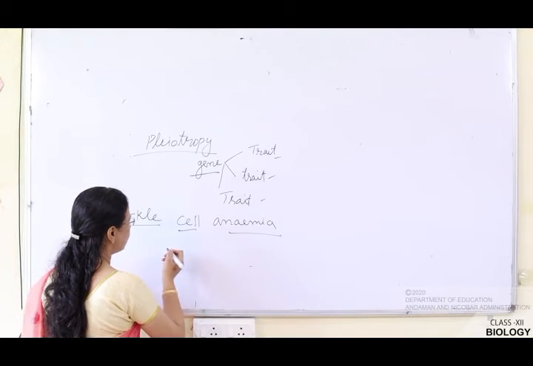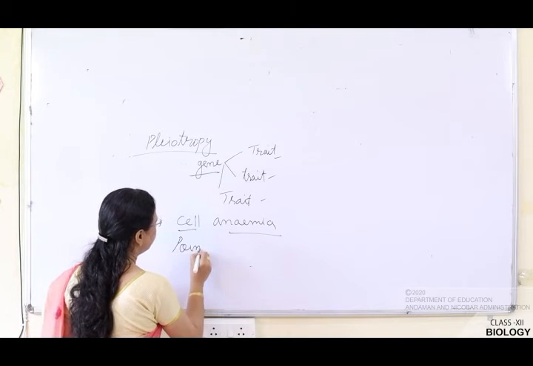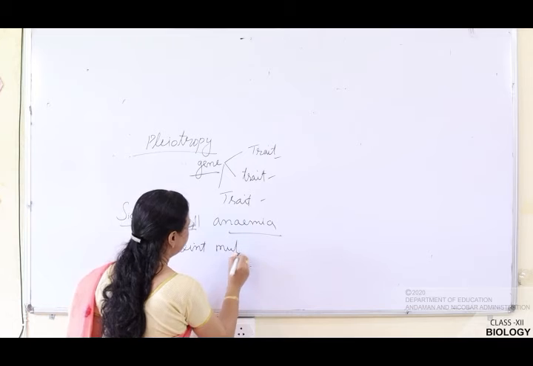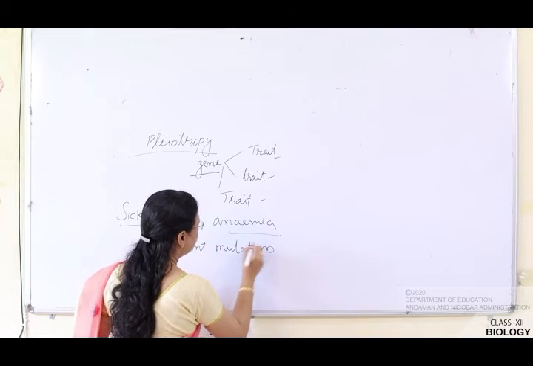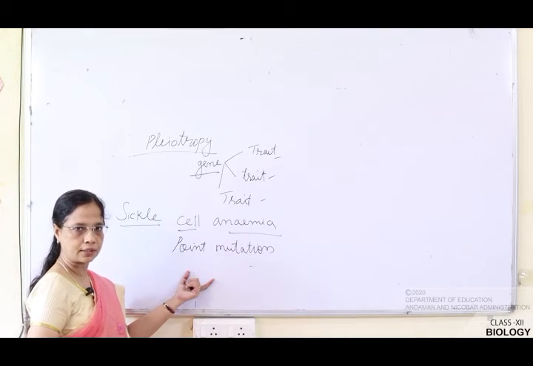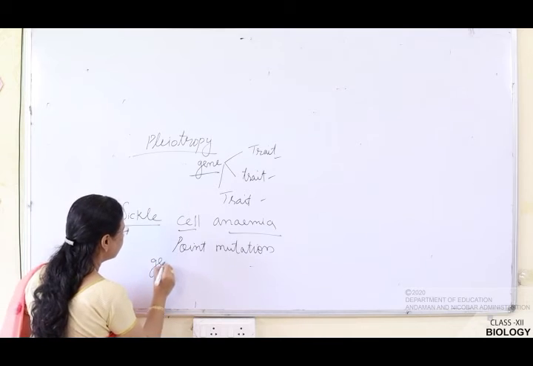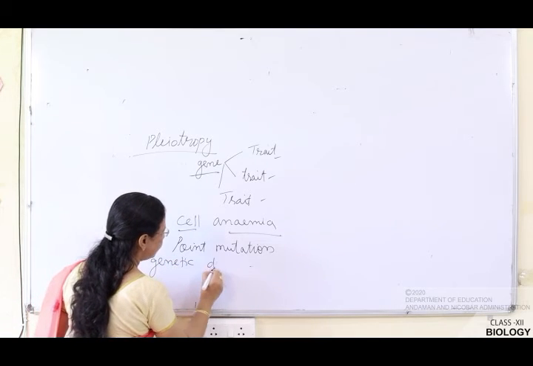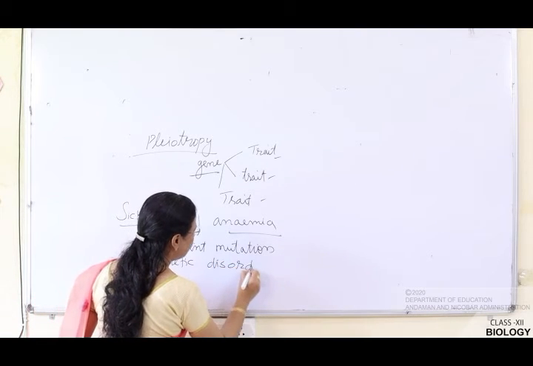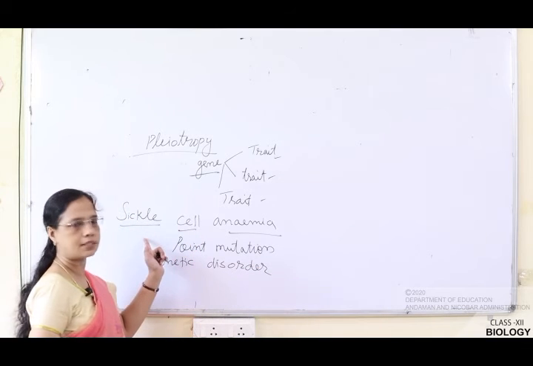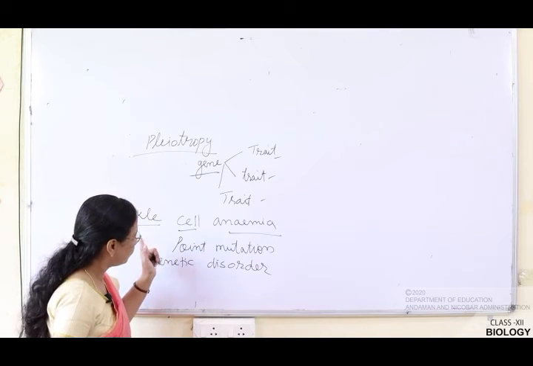That mutation is known as point mutation. Due to point mutation, there is a genetic disorder. That genetic disorder is known as sickle cell anemia.